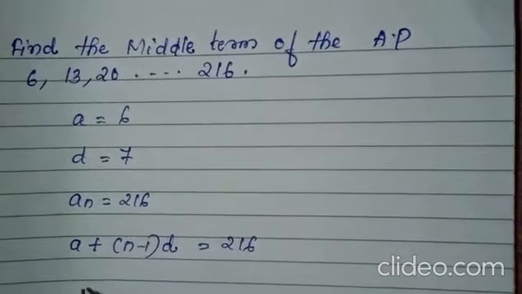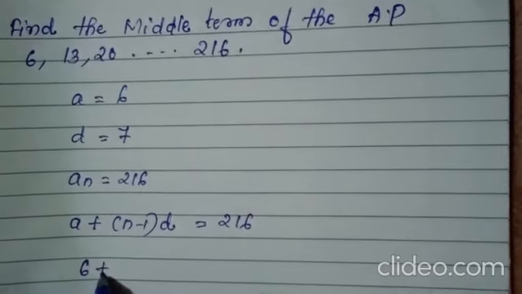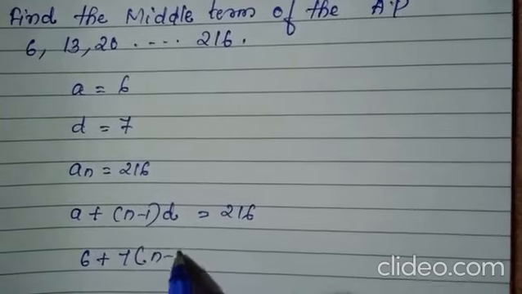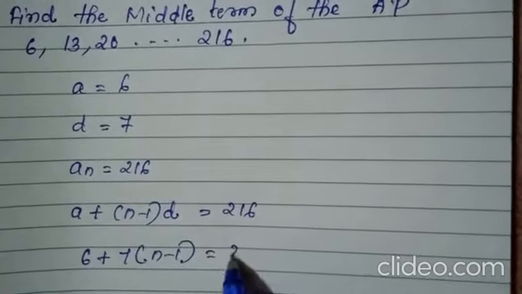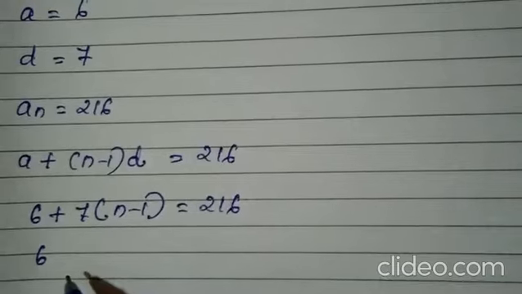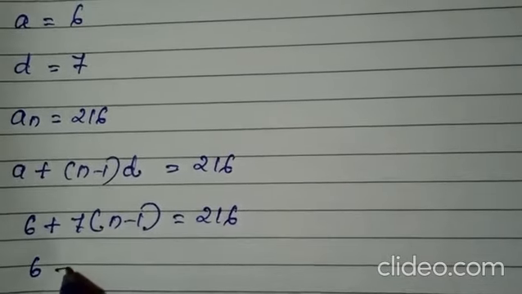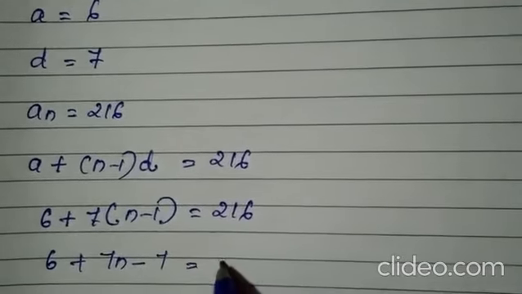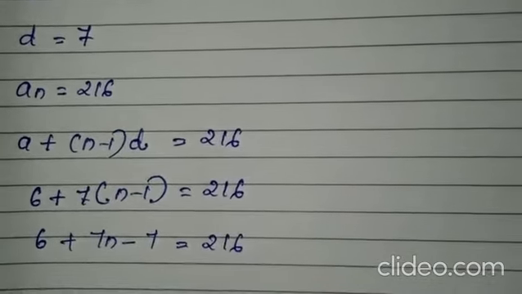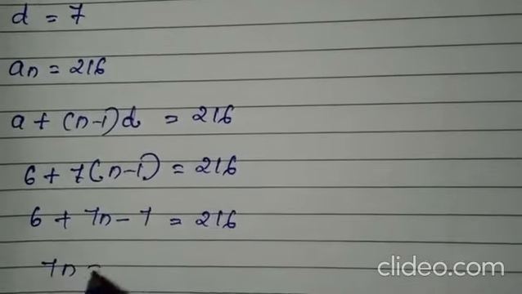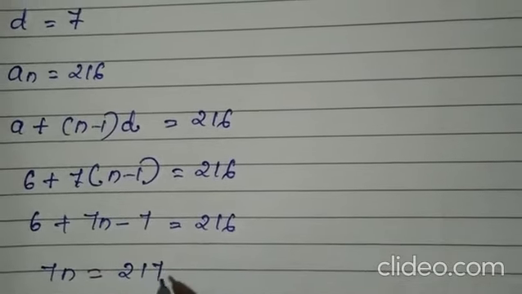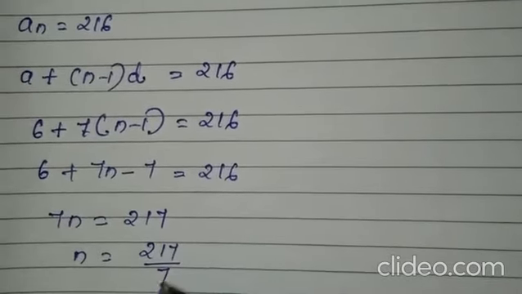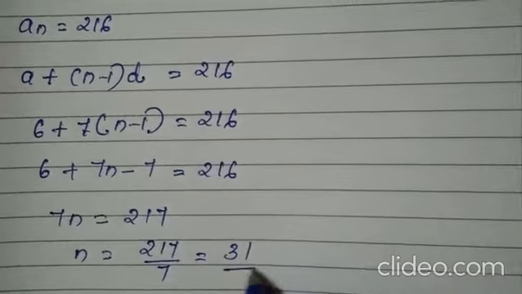So, here 6 plus 7 into N minus 1 is equal to 216. 6 plus 7N minus 7 is equal to 216. Is it? So, 7N is equal to 217. So, N is equal to 217 by 7 is equal to 31.